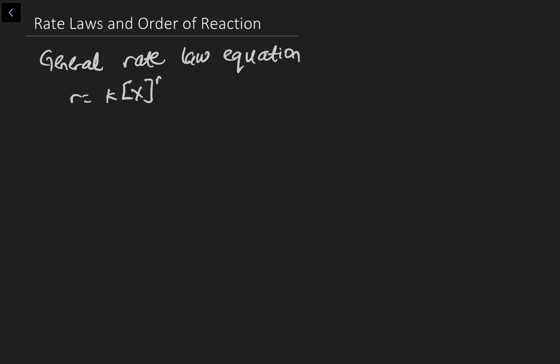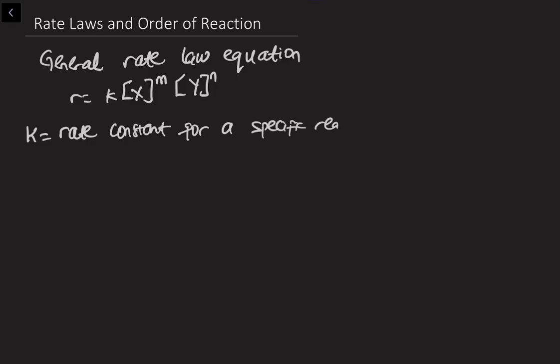Now, the general rate law equation is R equals K times the concentration of X to the power M times the concentration of Y to the power N, where K, this is small letter k, is the rate constant for a specific reaction at a specific temperature.